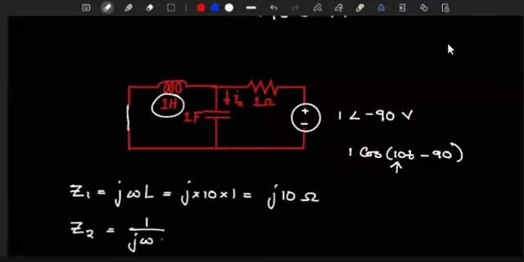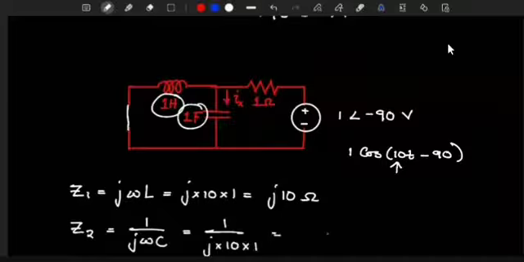Then for the capacitor, the capacitance C comes from there. So this will be 1 over j times 10 times 1. Let me not bring j first, 1 over j10. Then remember, when j goes up, what do I introduce? Negative.